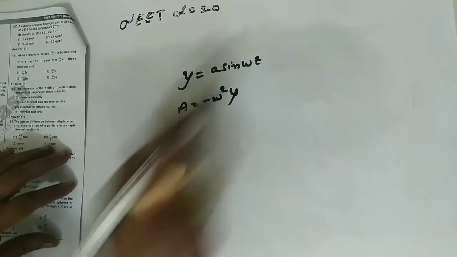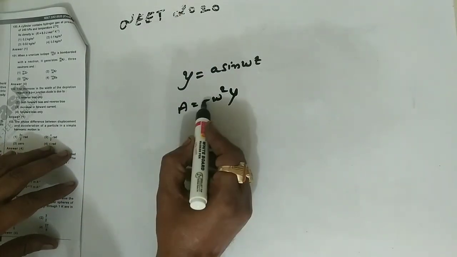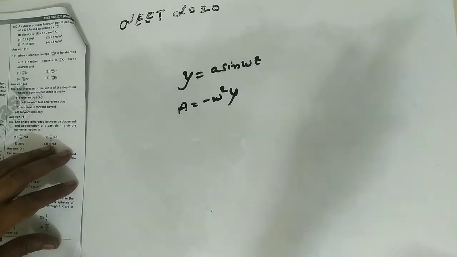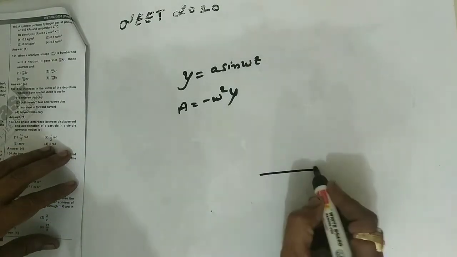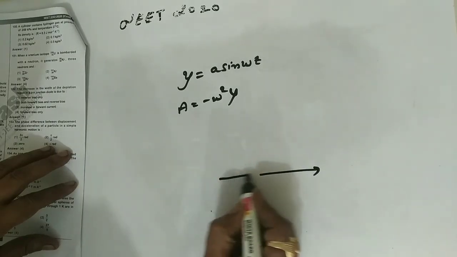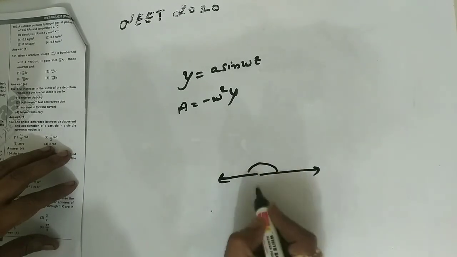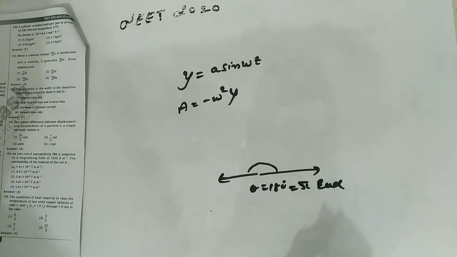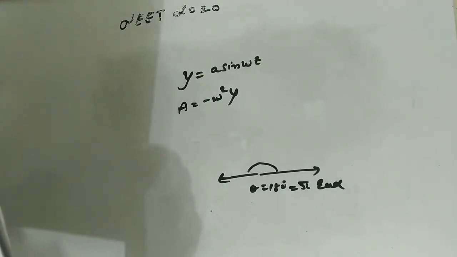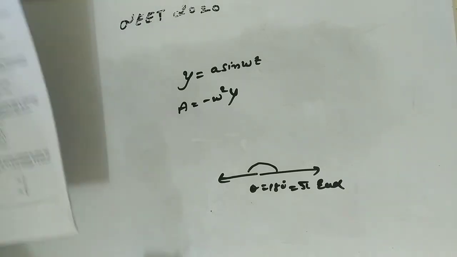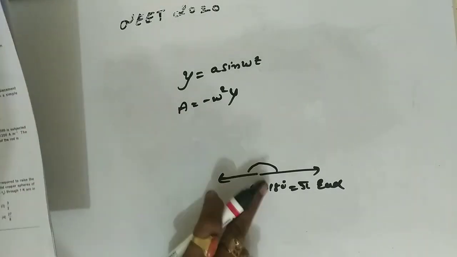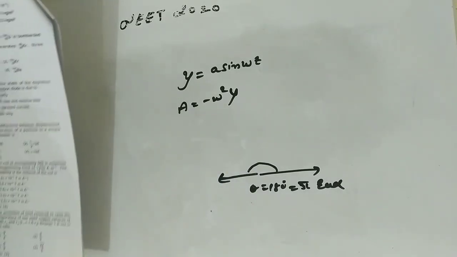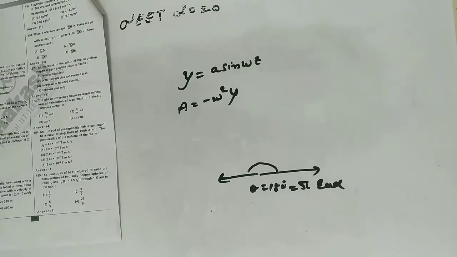The minus sign indicates that it is moving in the opposite direction. If this direction is theta equals 0, the opposite direction is theta equals 180 degrees, that is pi radian. Your answer is pi radian, the fourth option. Right?